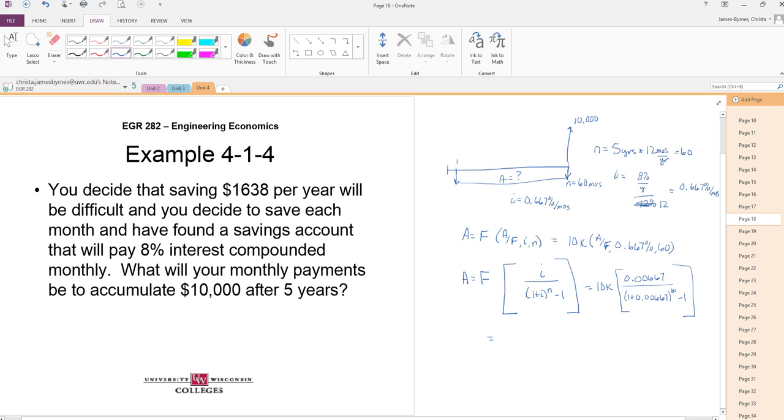You'll remember we have to put these in decimals. Well, we plug and chug in our computer, and we get 10,000 times 0.0136. So that is $136.08 per month. Not 138.08. $136.08 per month for 5 years gets us $10,000.